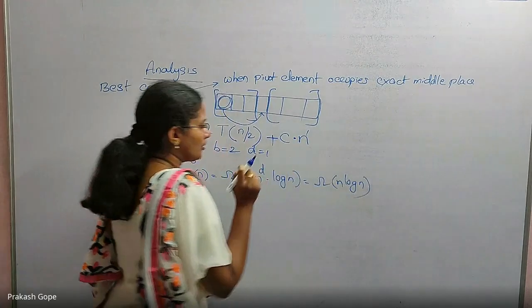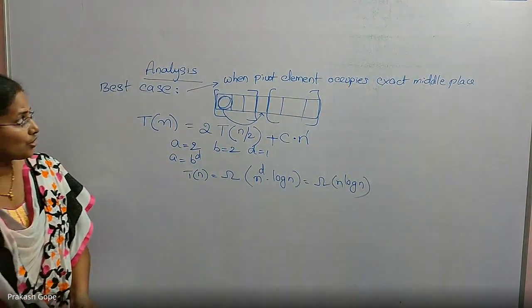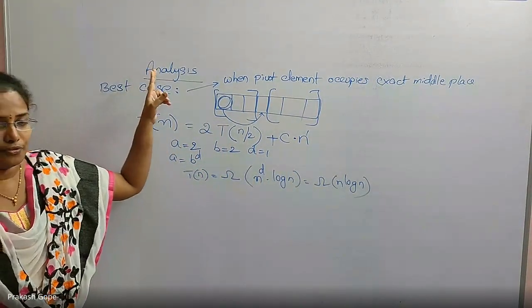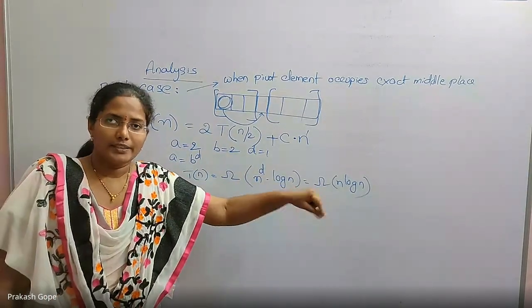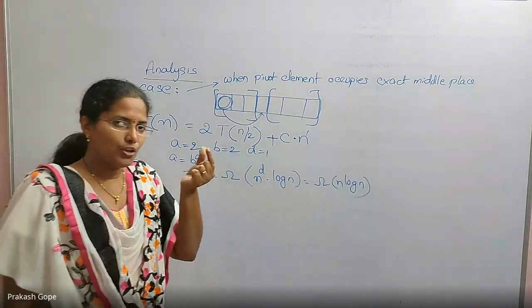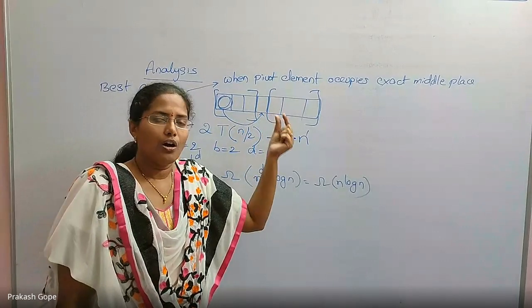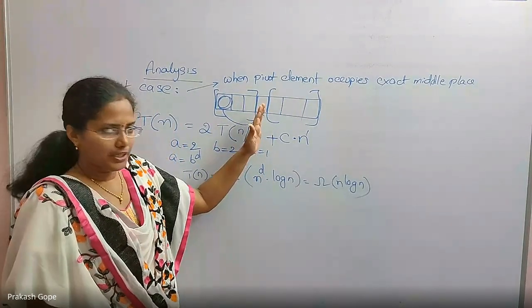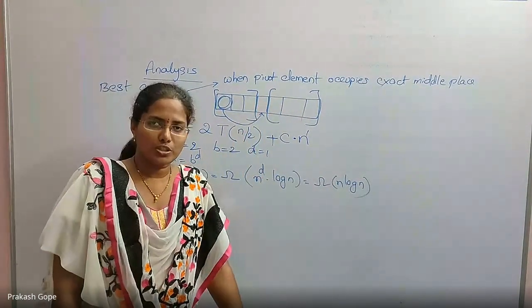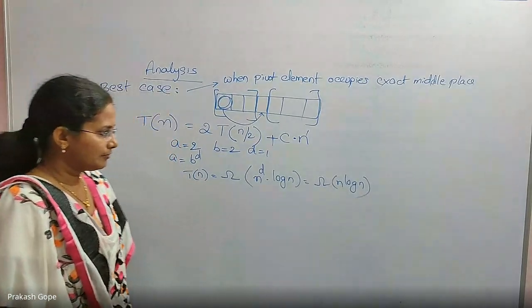Best case is represented with big omega. So the best case time complexity of quicksort is n log n. And this occurs when the pivot that you have selected goes and occupies almost the middle place, dividing the array into two almost equal halves.